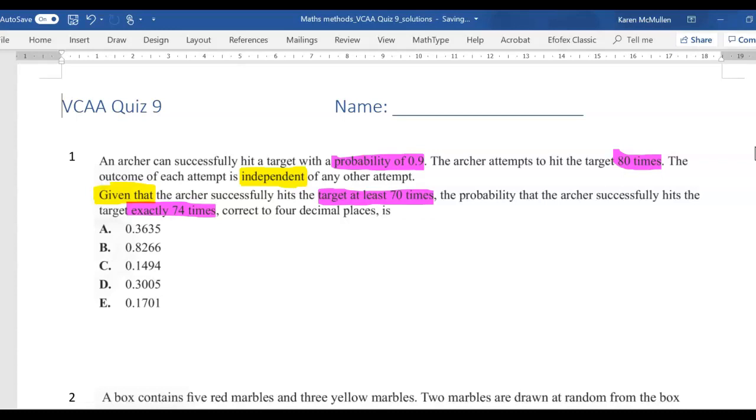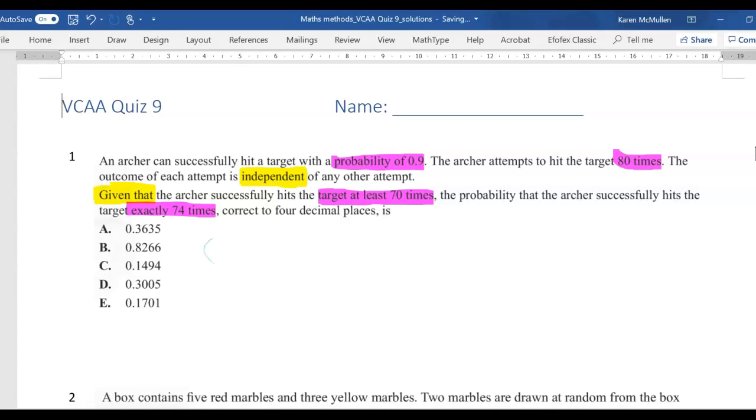In the textbook, we are used to being asked: what's the probability that they hit the target exactly 74 times, given that they hit the target at least 70 times? But here, in this question, they've got the condition first.